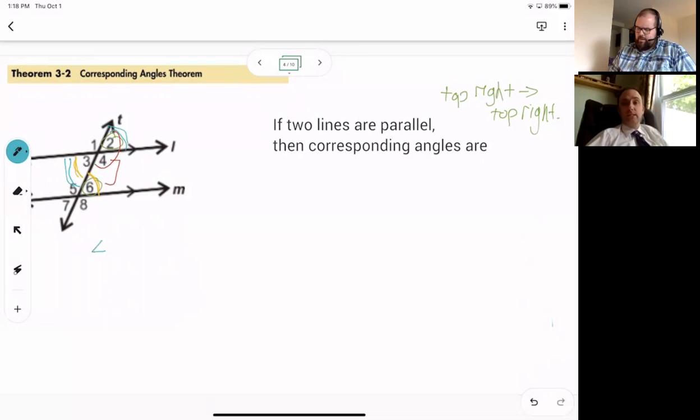Ooh, is that like the transitive property? Ding, ding, ding. And if angle 2 is congruent to angle 3, and angle 3 is congruent to angle 6, that means by transitive angle 2 must also be congruent to angle 6, which is what we were talking about for those corresponding angles.